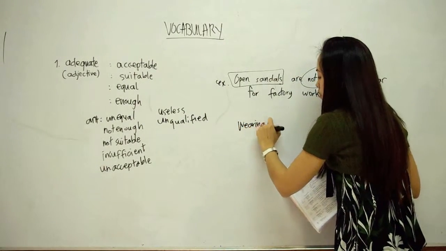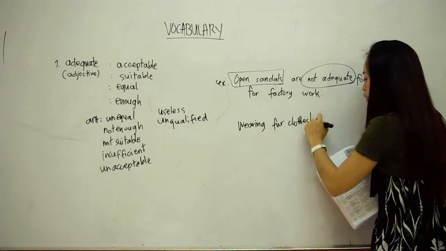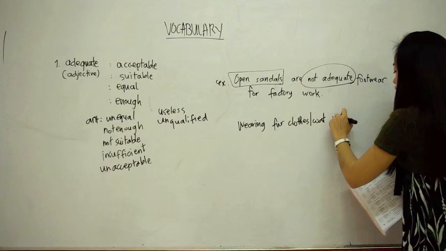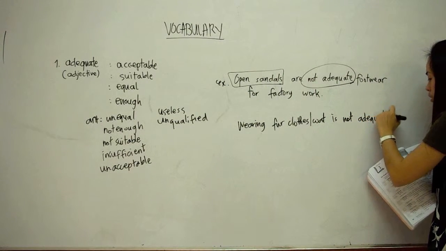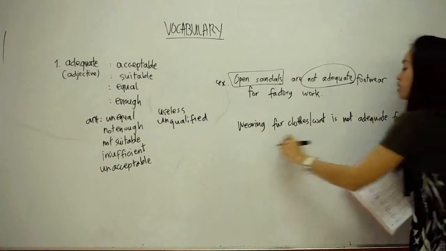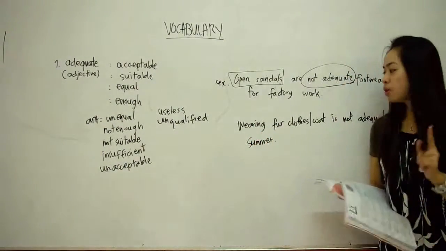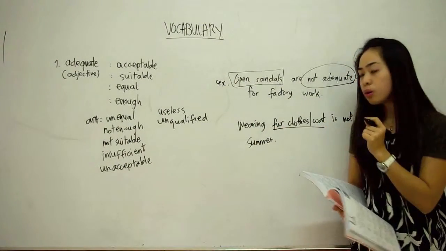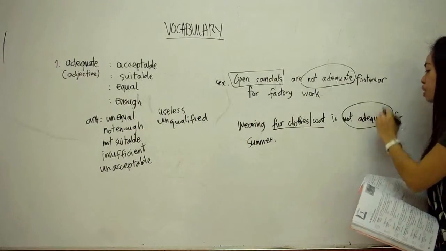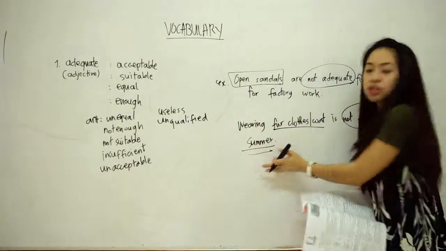Another example: wearing fur clothes or a fur coat is not adequate for summer. Look at this one. Wearing fur clothes or a coat is not adequate for summer because fur clothes are very thick and in summer it's too hot.